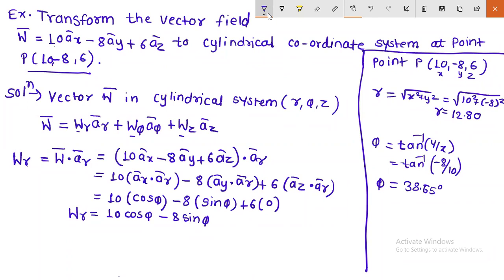Then find z. So z is as it is, equal to 6. So we get all these three coordinates in the cylindrical system.